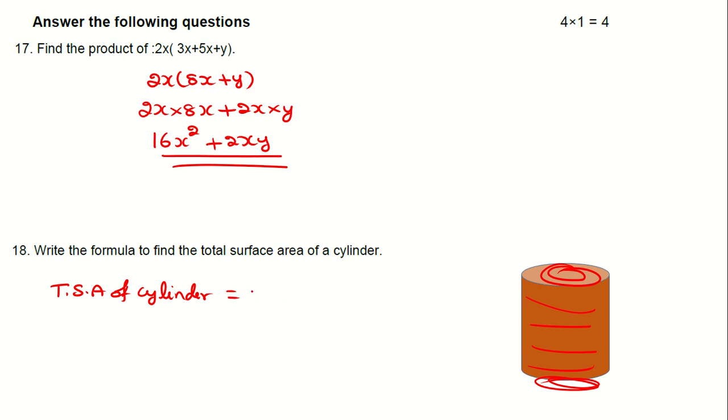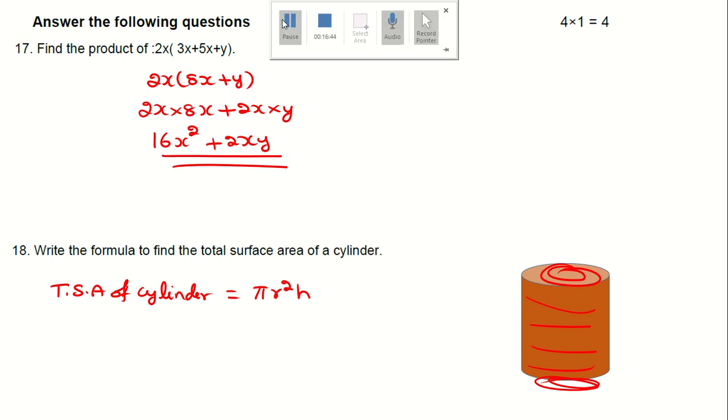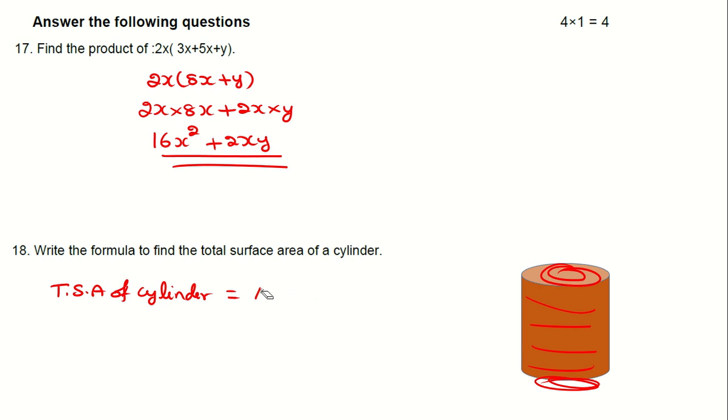The curved surface area of the cylinder is 2 pi r h. The TSA of the cylinder is 2 pi r into r plus h.